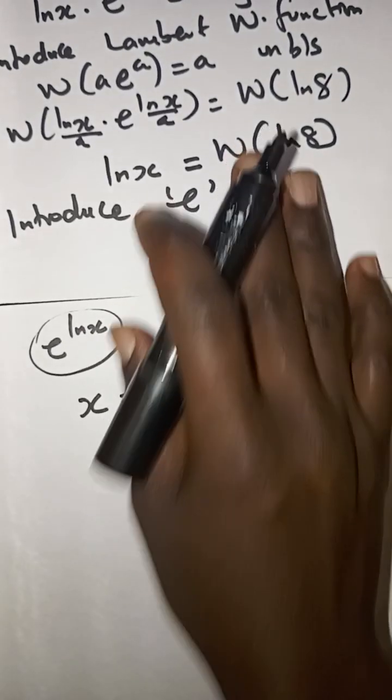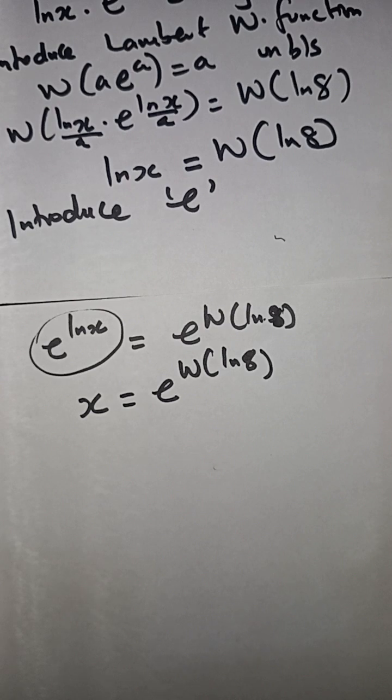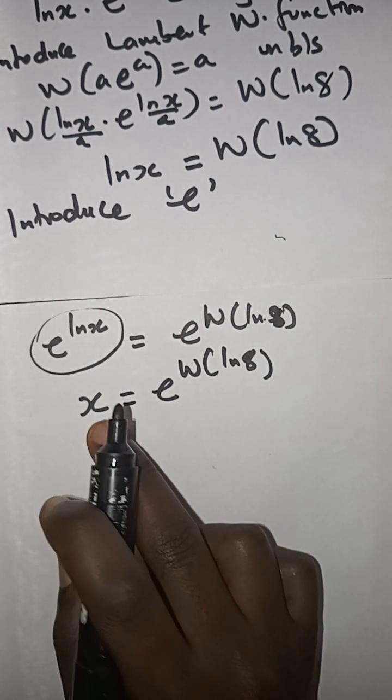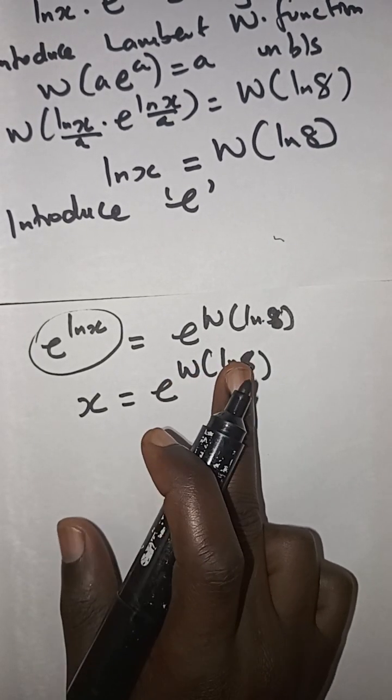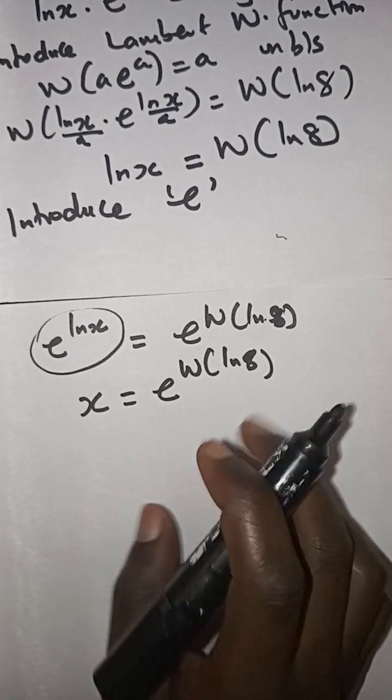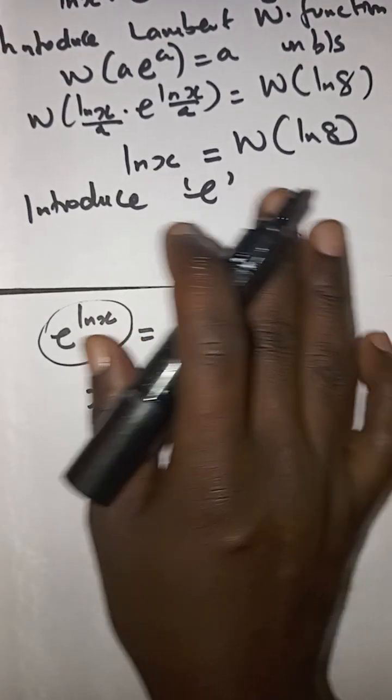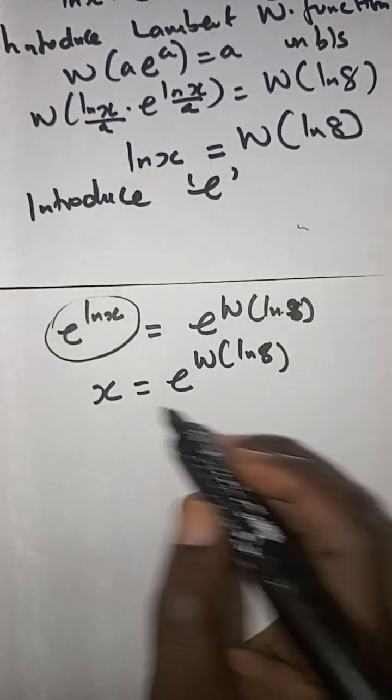So at this particular point, I'm going to have x equal to e to the W of ln of 8. And using my scientific calculator, I'm going to compute this.